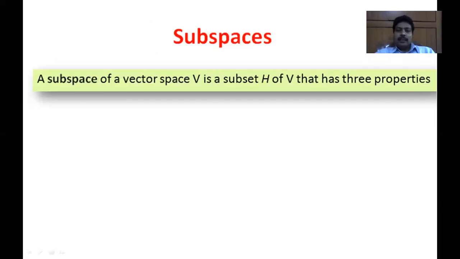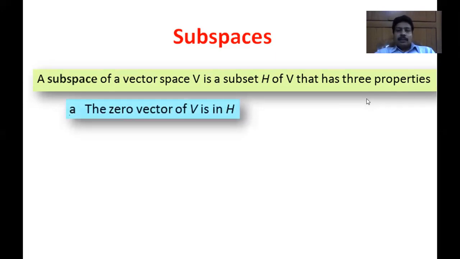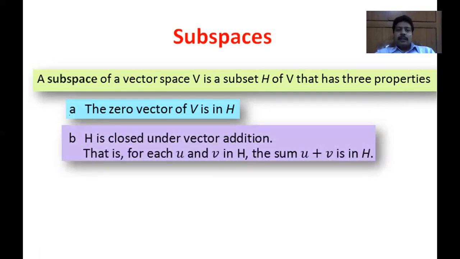A subspace of a vector space V is a subset H of V that has 3 properties. First one is the zero vector of V is in H, and the second one is H is closed under vector addition.